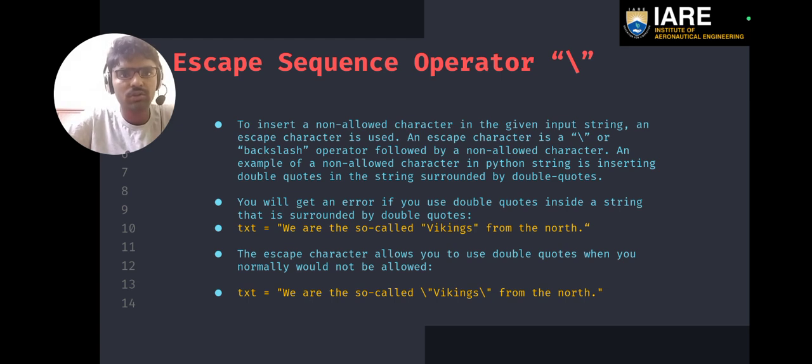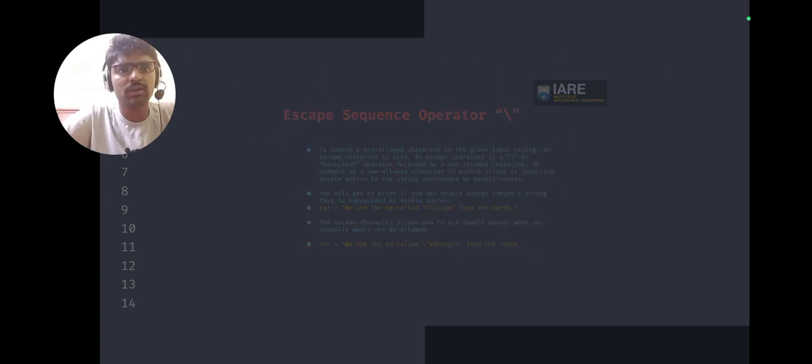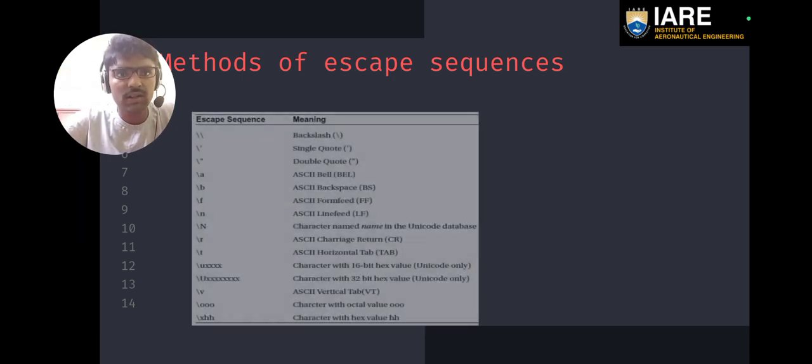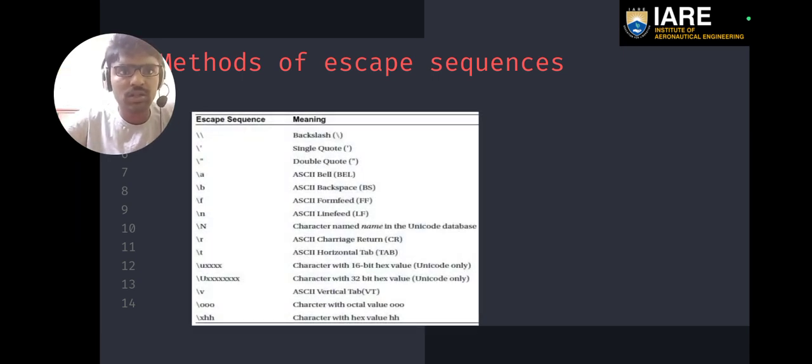Txt equal to double quotes we are the so-called backslash double quote Vikings backslash double quote from the north, ending with double quotes. So the methods of escape sequences are listed below. So backslash single quote and ASCII values, and some of the examples are listed in the presentation.